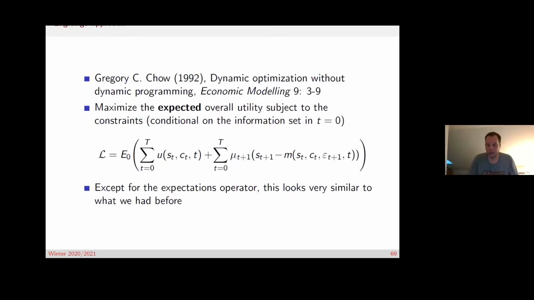So for the moment, what is inside the bracket could be interpreted as a deterministic problem, given that I know all the realizations of the random variable. The problem obviously is that you do not know those.